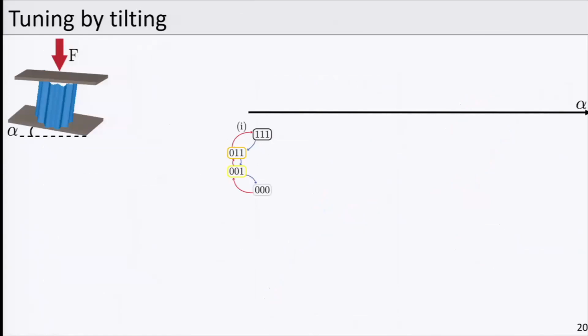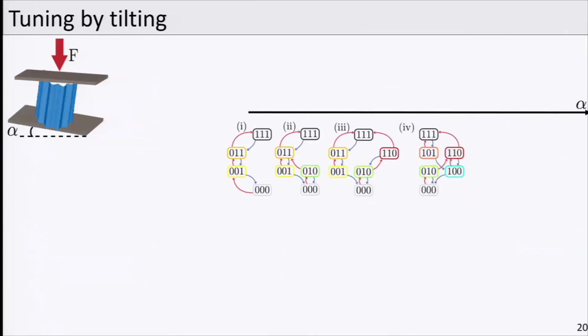And as I tilt, at some point, I will find a slightly different pathway. It looks very similar, but for this green state, now there's 0, 1, 0. And if you keep on tilting, I will find a third one, and a fourth one, and a fifth, and a number of different ones. Right, so if we play with the boundary condition, we can indeed tune the pathway we get.